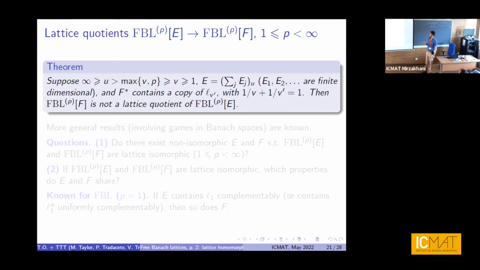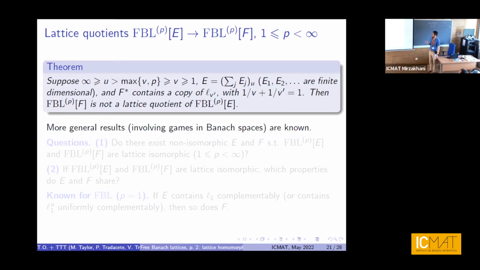Let's say our space E is a direct sum of finite dimensional spaces in terms of u. And let's say further that F star contains a copy of L_v prime, where of course v prime is the conjugate exponent. Then the p-free Banach lattice of F is not a lattice quotient of the p-free lattice on E.